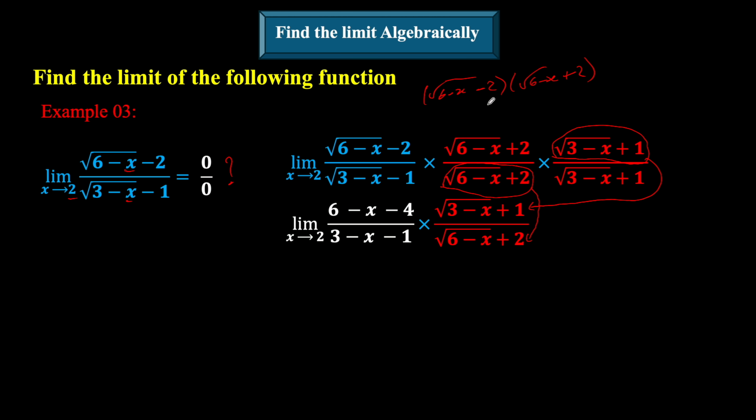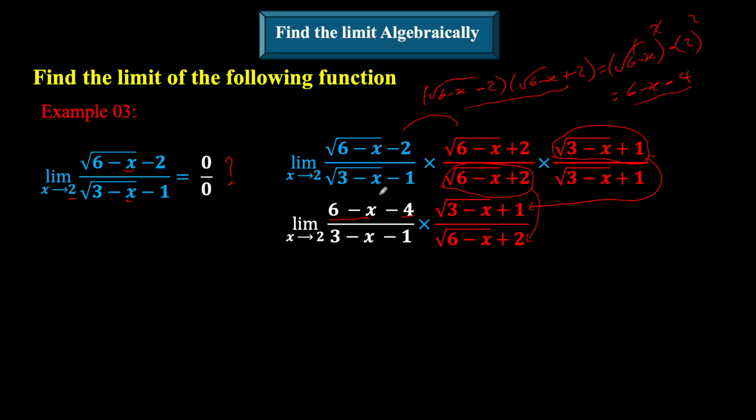So we take the square: the square of 6 minus x, minus 2 squared. So the square root will disappear with the square, we will get 6 minus x, minus 2 squared is 4, okay. Since we did this difference of squares, we still have this one, so that's why we put it here, we didn't touch this one here.